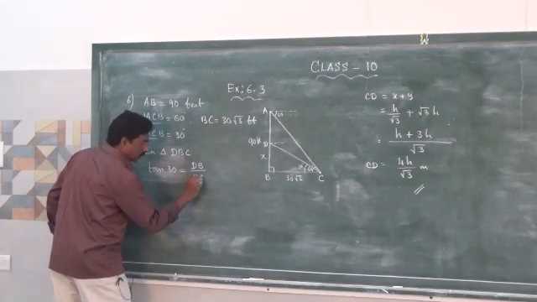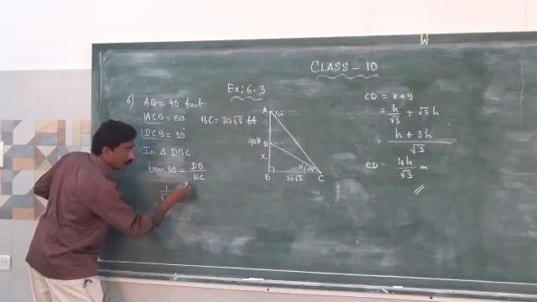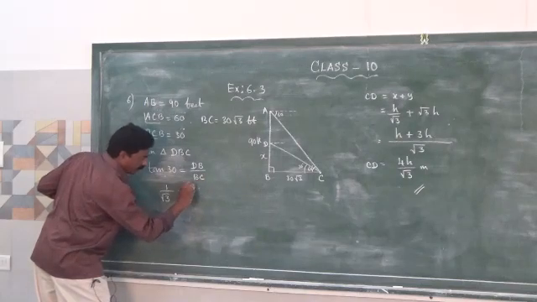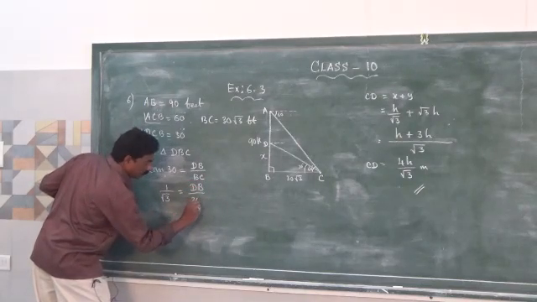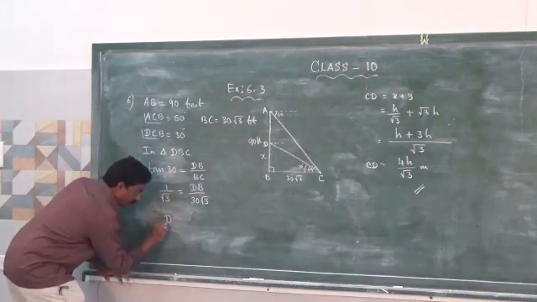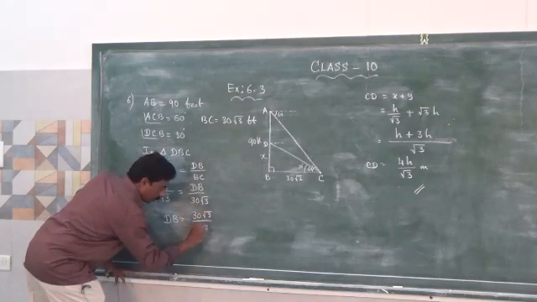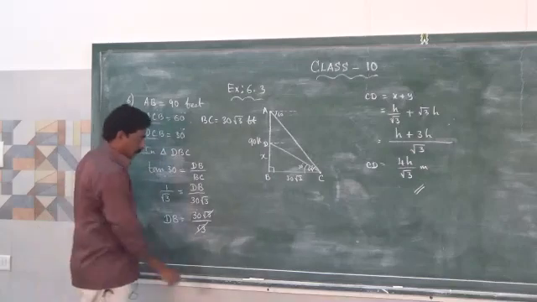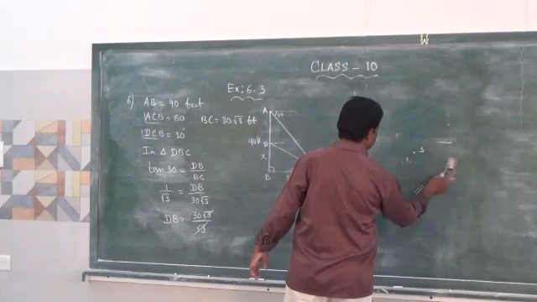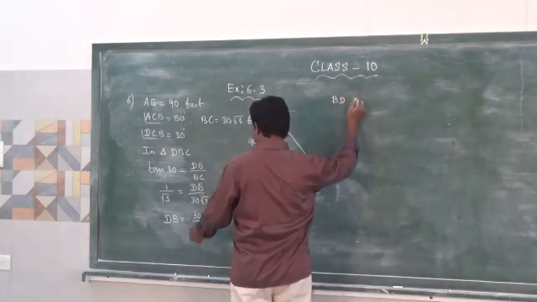So 1 by root 3 equals DB, which we do not know, we call it x, by 30 root 3. When you cross multiply, DB equals 30 root 3 by root 3. Root 3 cancels, so BD equals 30 feet.